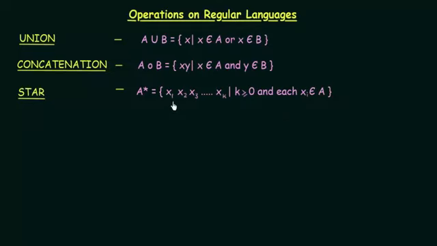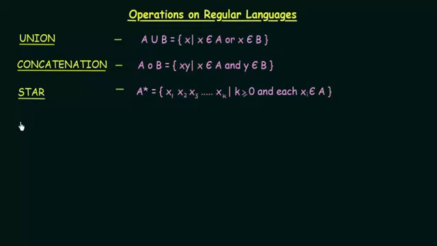It only means that you take as many symbols as you want from your set A and you just join them together in any way you like. That is what we mean by star. All these three will become clearer when we take an example below.